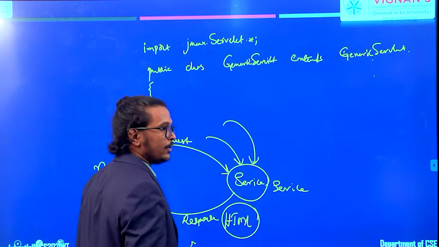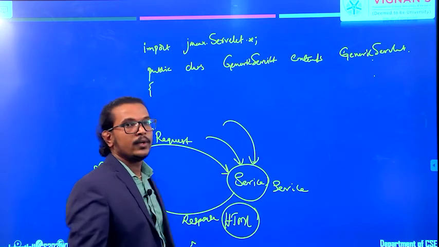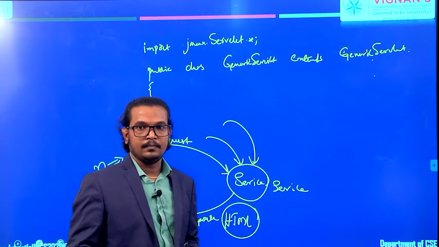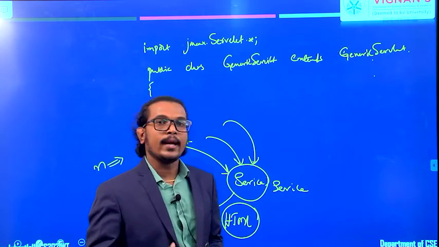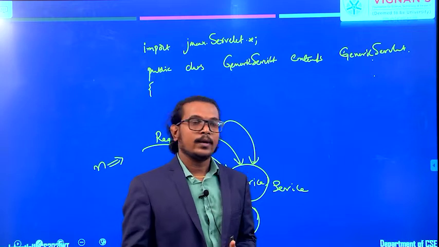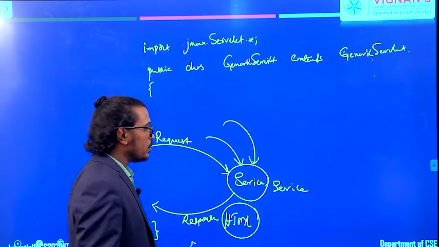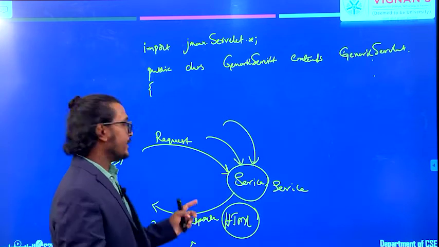If you have n number of requests to your generic servlet, it will override that particular service method. Clear? So this is about the working procedure of the generic servlet.